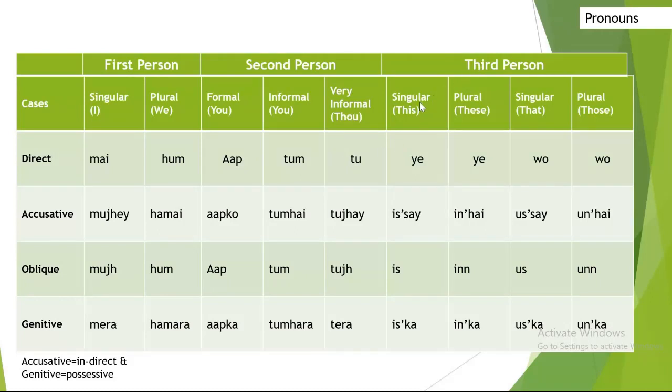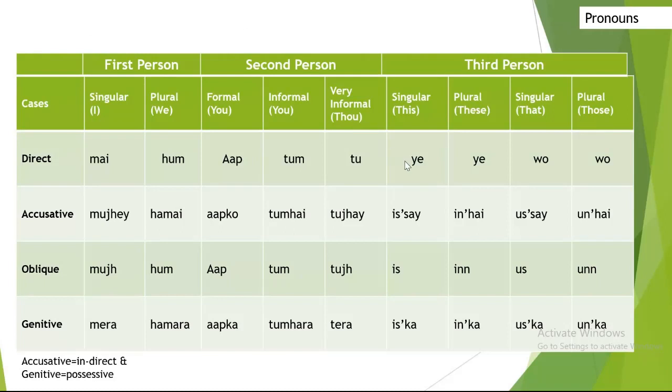And the third person: this and these is something which is closer to you, and that and those are some things or some people which are a bit away from you. So in this case, the singular this and the plural these, let's take another example.